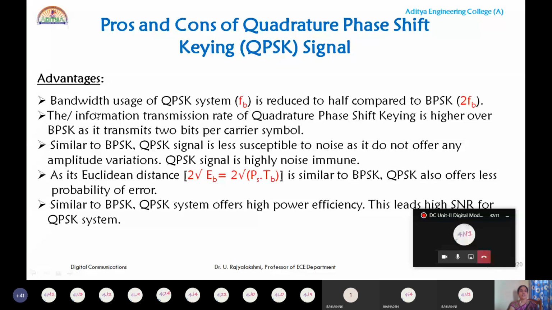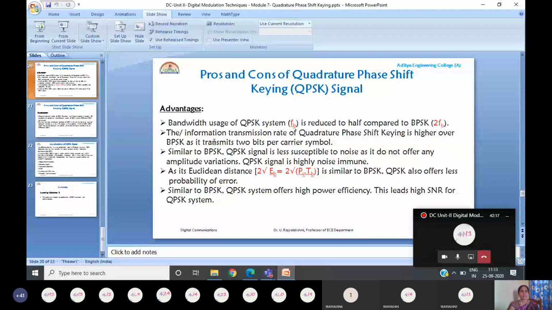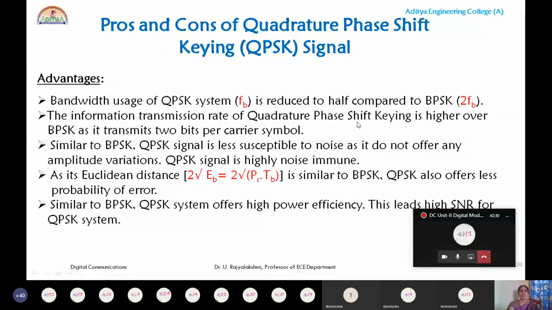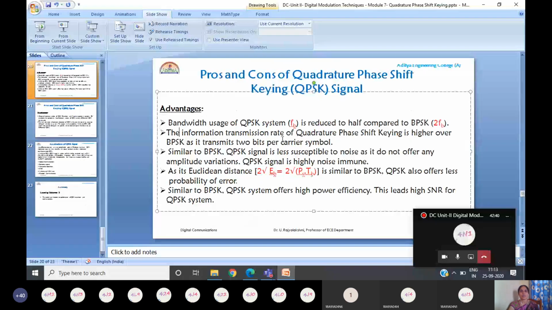Next, the information transmission rate of quadrature phase shift keying is higher than BPSK as it transmits 2 bits per symbol.